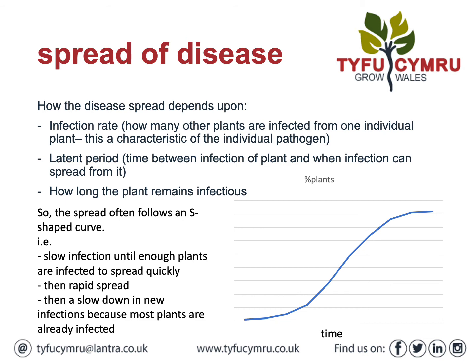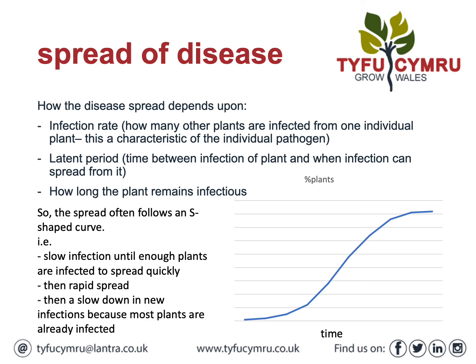Just as background, I wanted to describe how the pattern of disease spread occurs. So the speed at which it occurs depends on 3 factors. First, the infection rate. Now, that's a characteristic of the individual pathogen. So different pathogens have different infection rates.